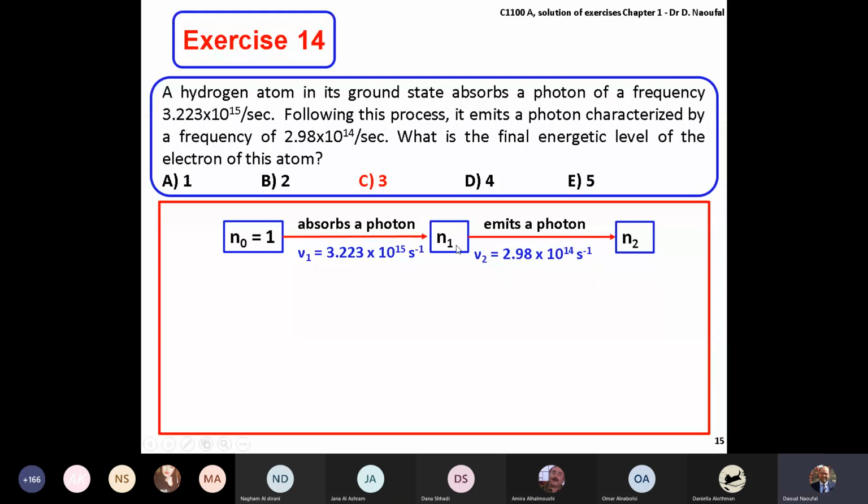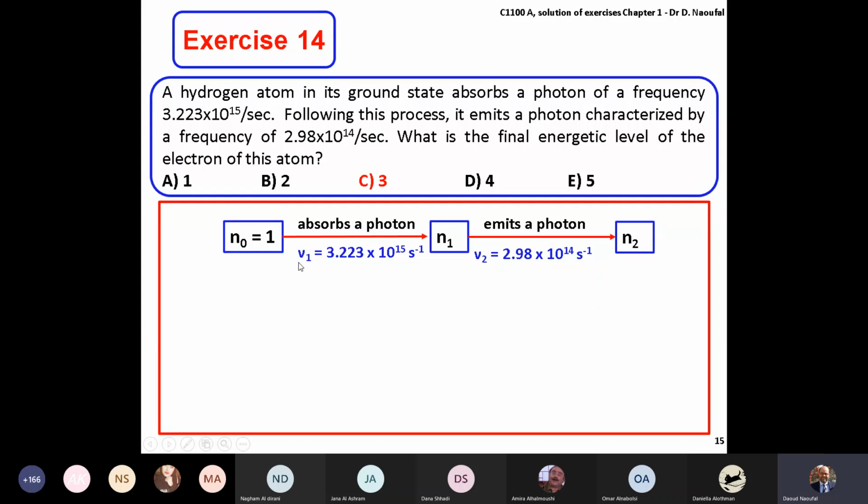But in this exercise, he told us that the electron returned to level n2. So n2 is between n0 and n1. And when the electron returns from n1 to n2, it will emit energy of frequency 2.98 × 10^14 second minus 1. So the question: what is n2?